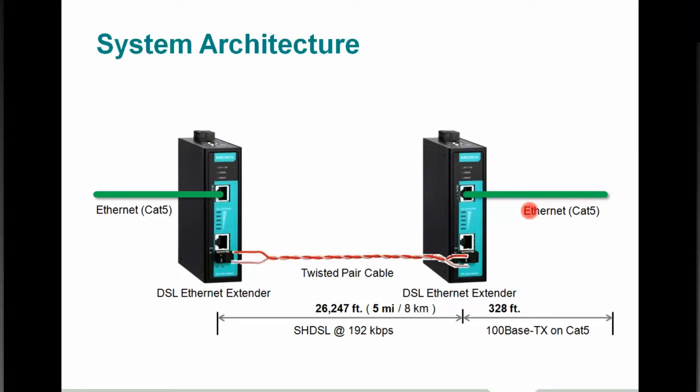If you're able to utilize this technology to drop in a DSL extender, now you can carry that same communications over twisted pair cable to a remote connection. That remote connection can then come back to Ethernet. So we're doing this type of translation and giving you the means to extend your connection distances.